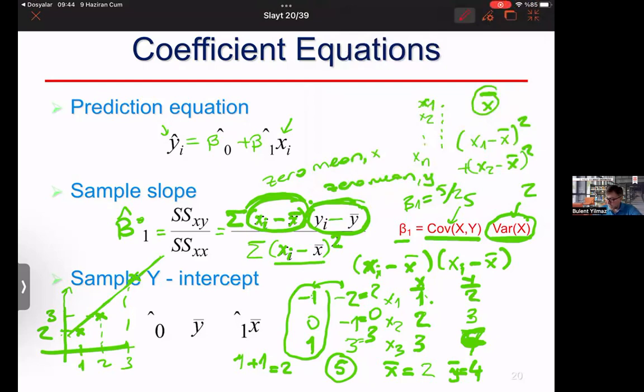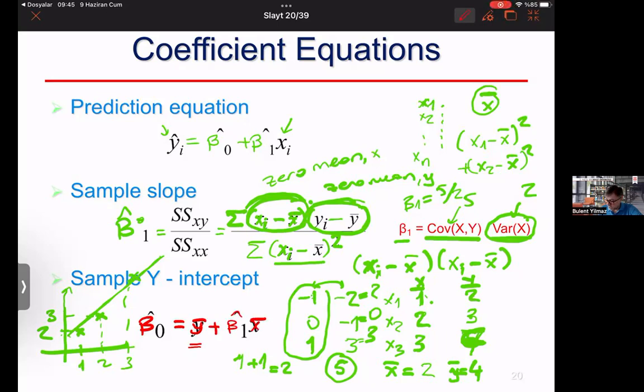Okay, and then y-intercept beta 0 will be equal to... can you find the equation for this, guys? Y bar minus beta 1 x bar.